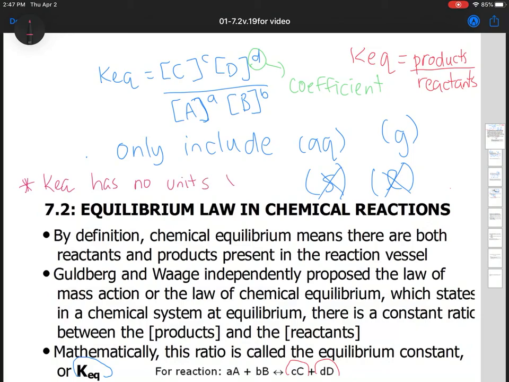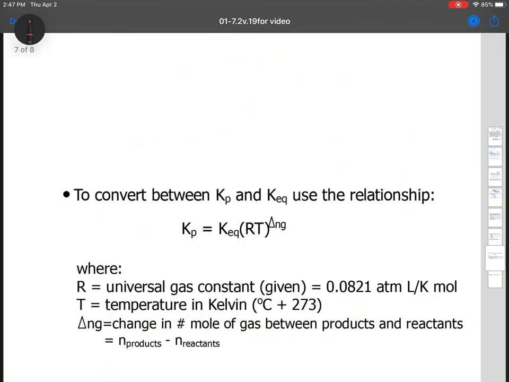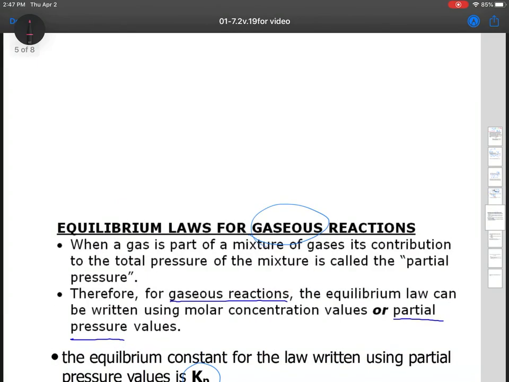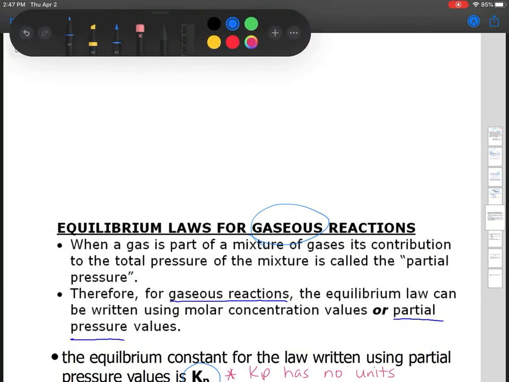KEQ has no units. None of the K's do, actually. So when you go back down to KP, it also has no units. That's very exciting. I forgot to say that.